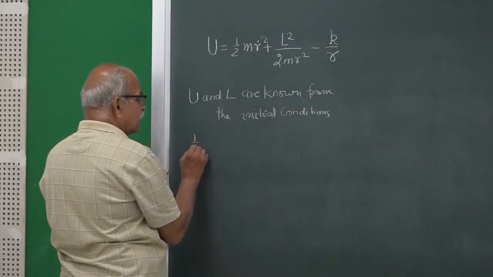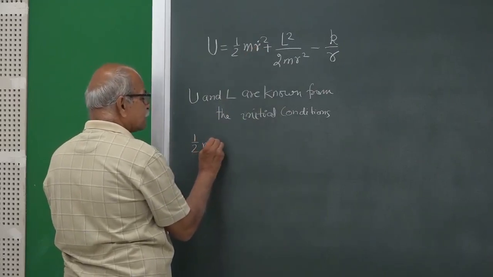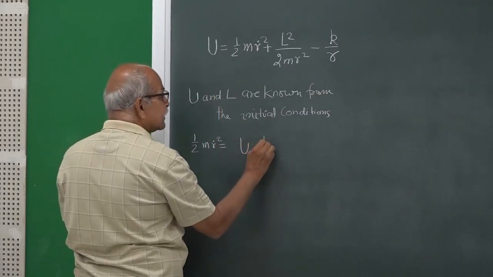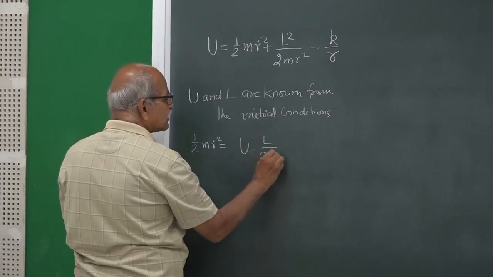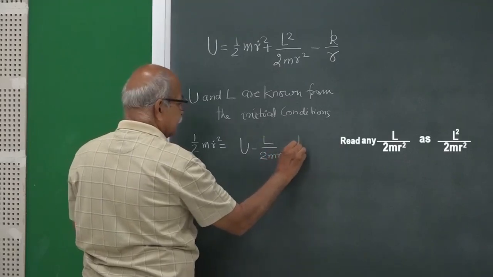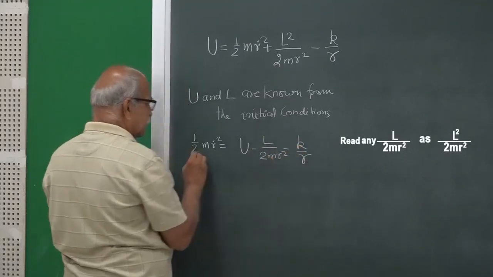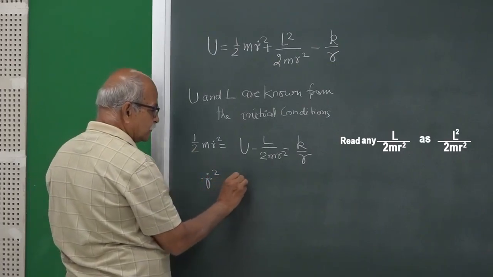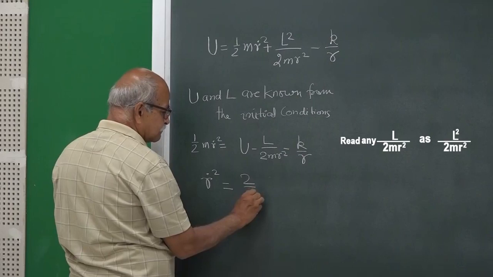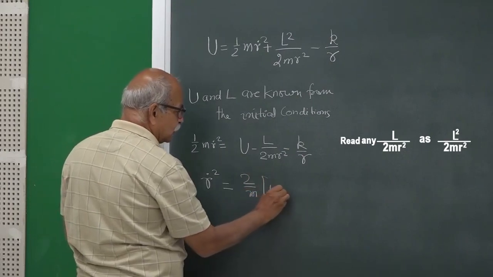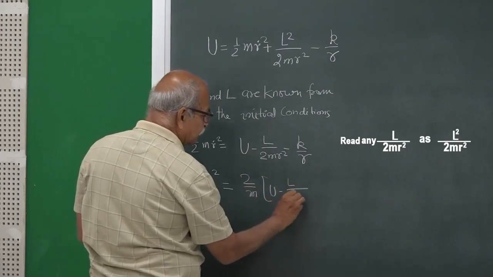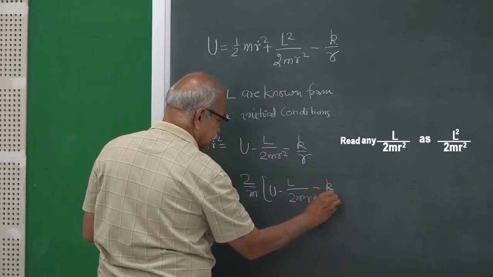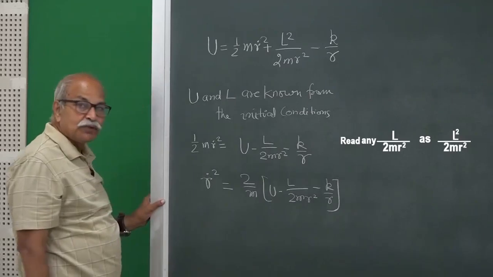All right, and therefore, you can write this as half m r dot square is equal to U minus L square by 2 m r square and minus k by r, multiply by 2 by m. So, r dot square is equal to 2 by m and then U minus L square by 2 m r square and minus k by r, and take a square root on both sides.